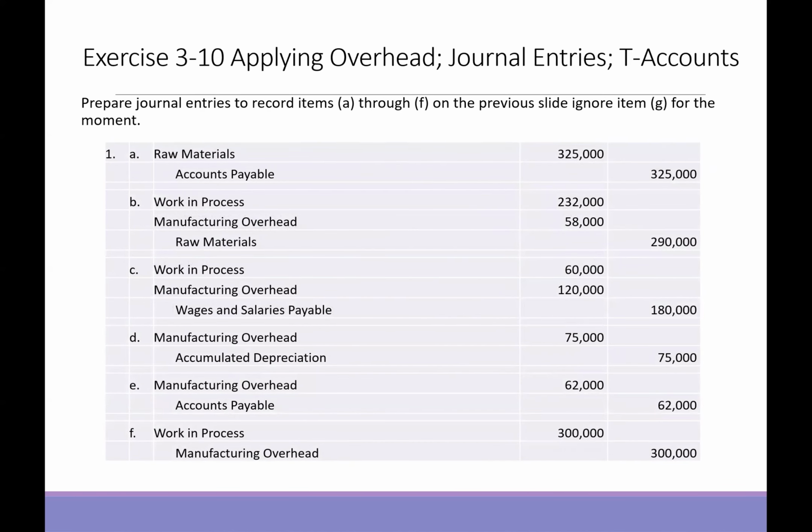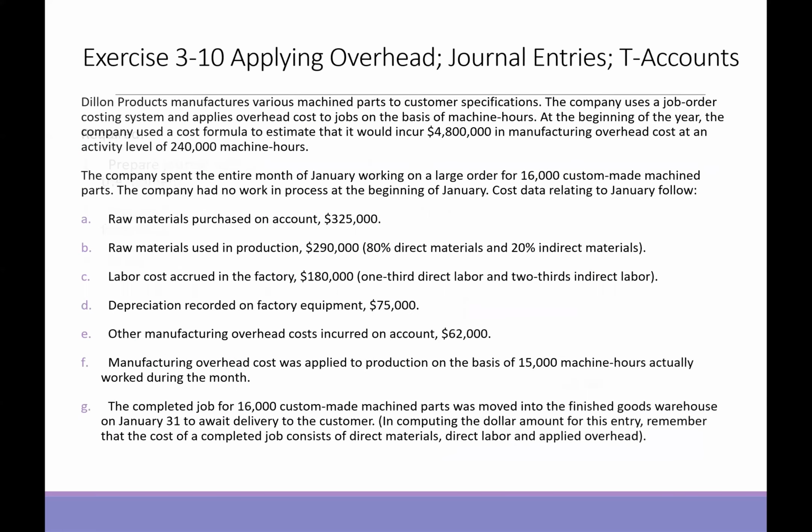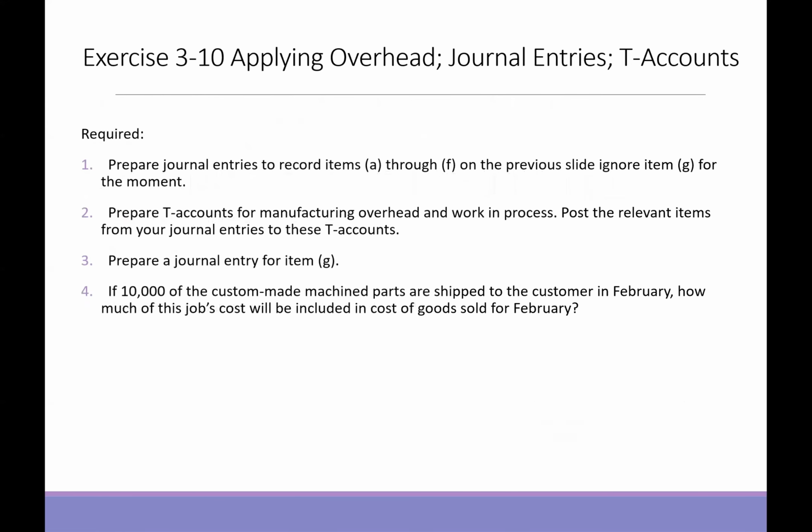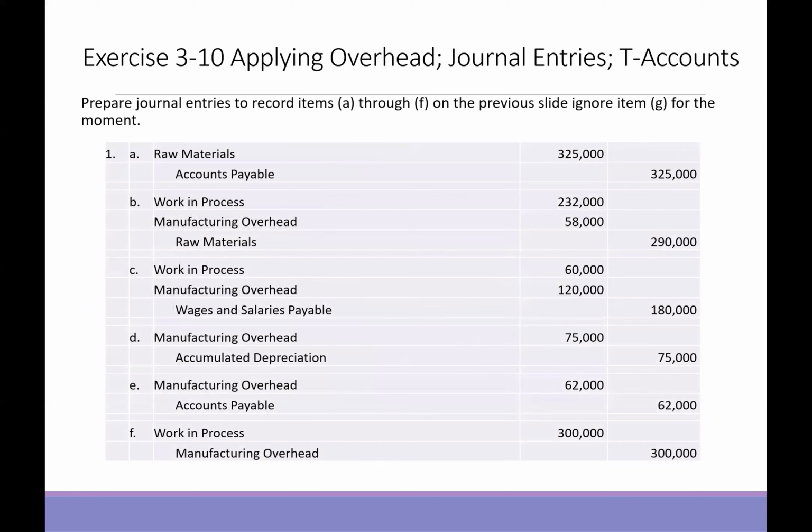So our various journal entries, if we start here, raw materials purchased on account, debit the raw materials, credit our payable. The raw materials used in production will transfer some straight into work in process, some go straight into manufacturing overhead. They all get credited from raw materials.